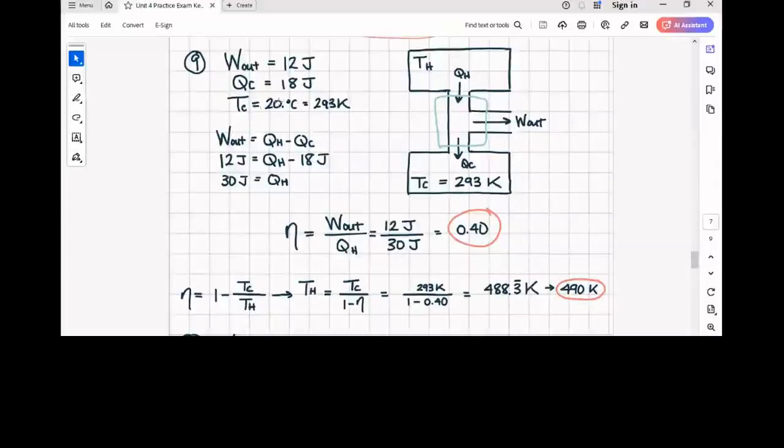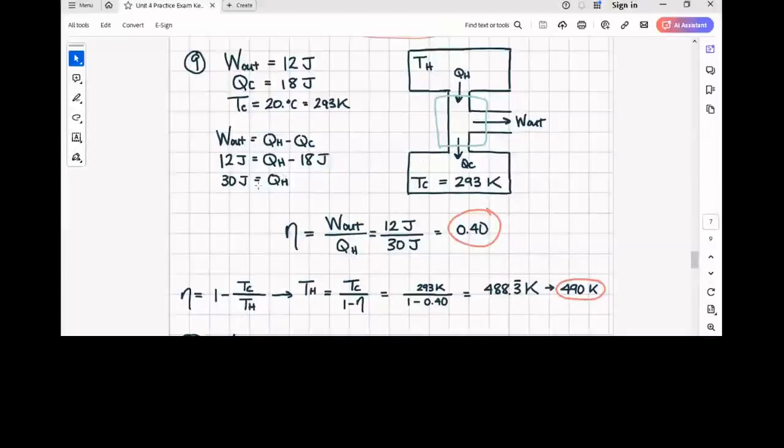as waste, and that the cold reservoir has a known temperature of 293 Kelvin, I can use this expression for the output work. This is going to be equal to QH, so this is the heat that it would cost you, in a sense, minus QC, which is the exhaust.